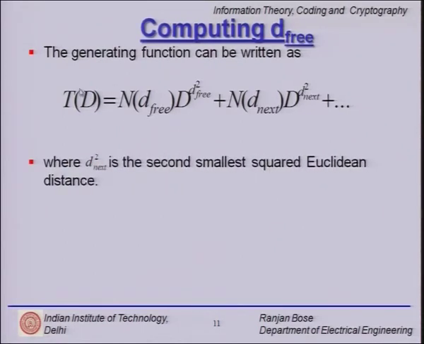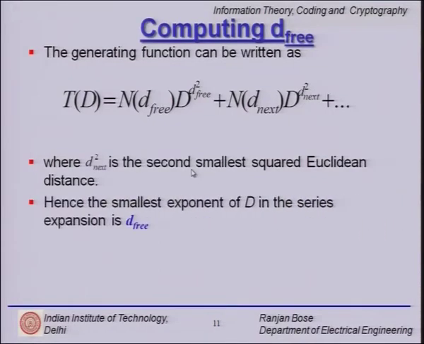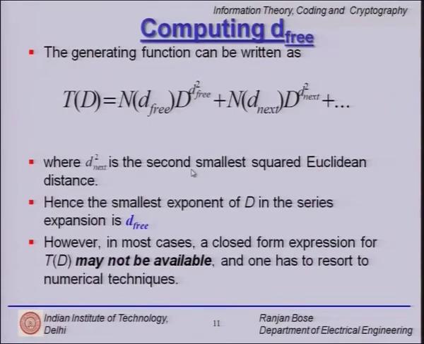What we do is, T(d) is nothing but the number of paths with d free times d raised to the power d free, and then there is a next expression where this is d free plus something. So, it is the d next, and N(d next) corresponds to the number of paths that contribute to that d next. d next is the second smallest squared Euclidean distance.